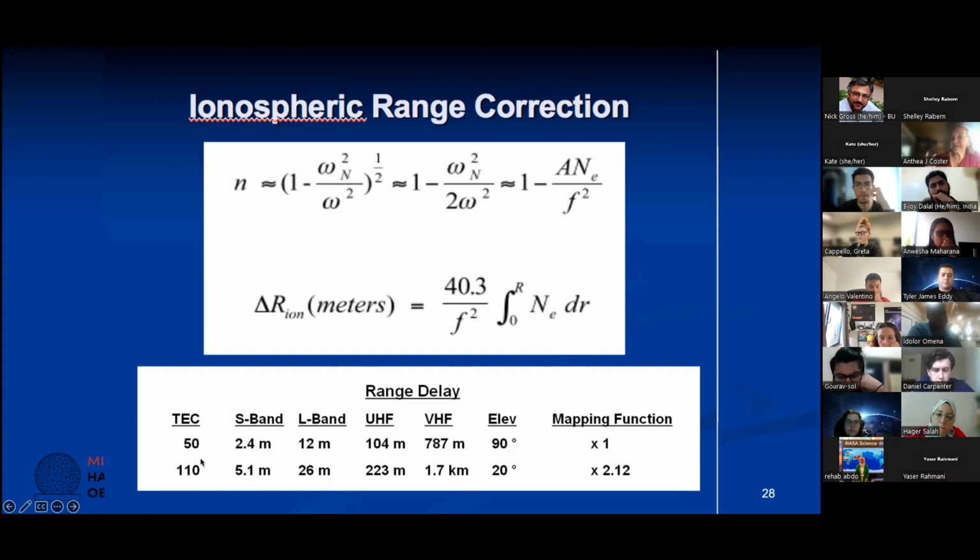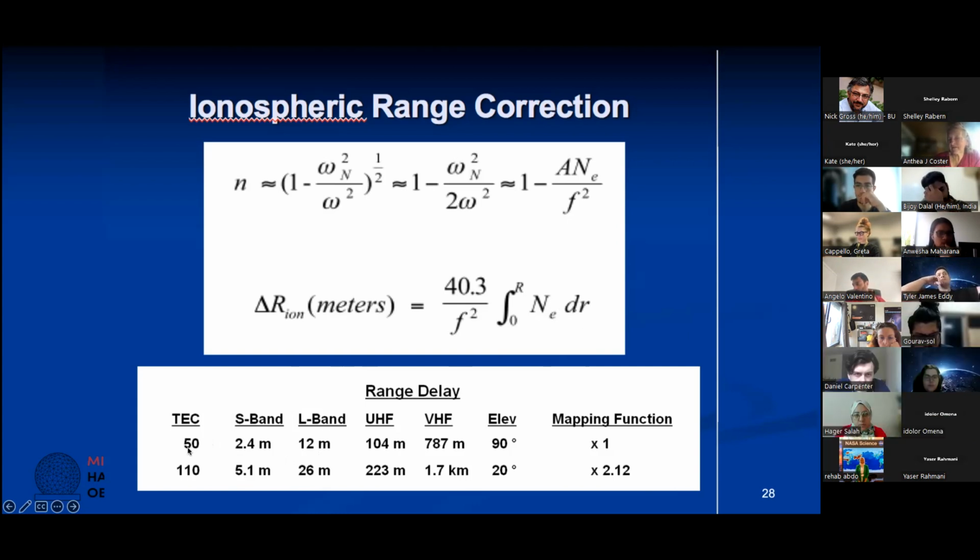To give you an idea of how large these range corrections are for GPS, if you had 50 TEC units just vertical, that's actually quite a lot. For L-band, you could have up to 12 meters of correction.